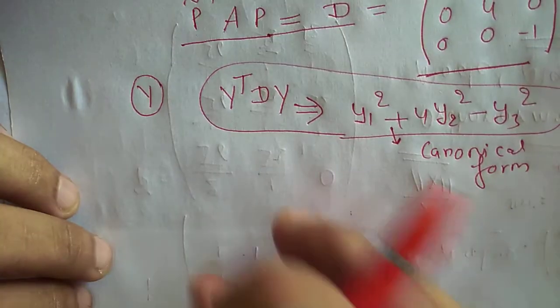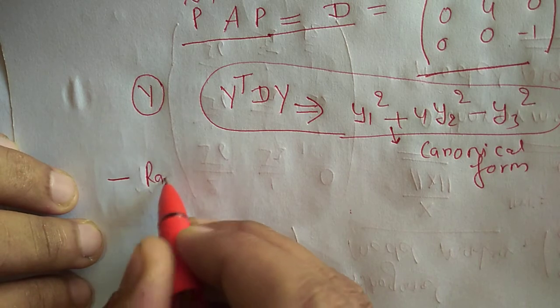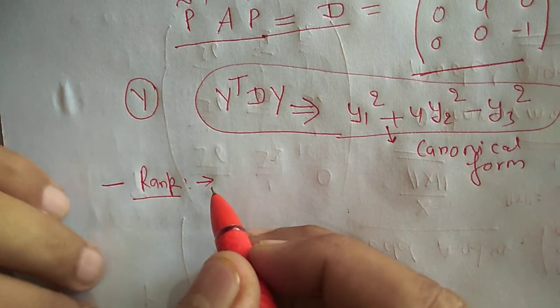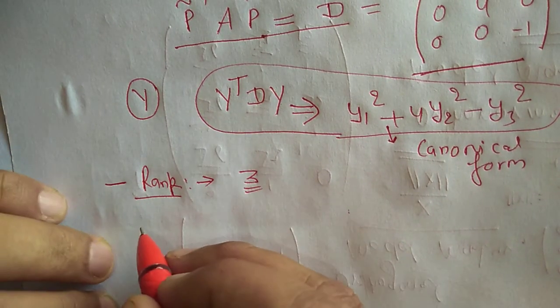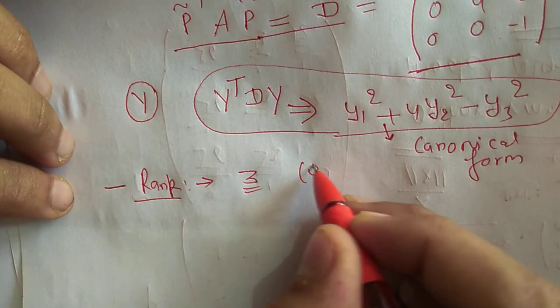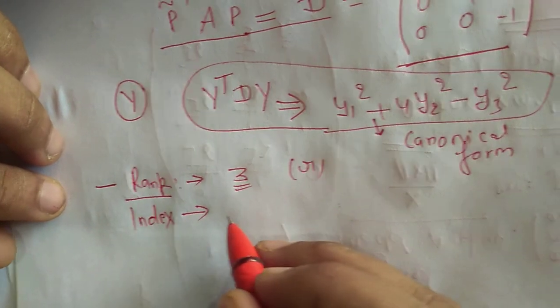Now we have a few properties of the canonical form. First, rank. Rank is the number of non-zero eigenvalues, so that is 3. So rank is 3, called R. After that we have index. Index means the number of positive eigenvalues.